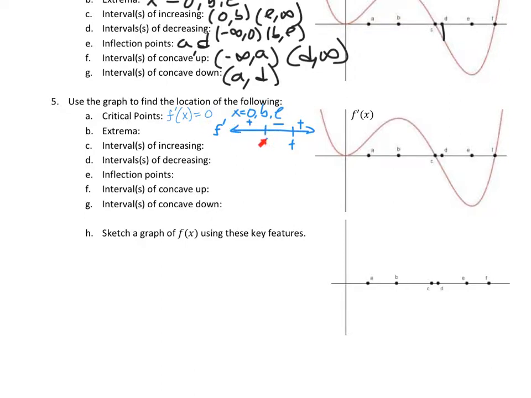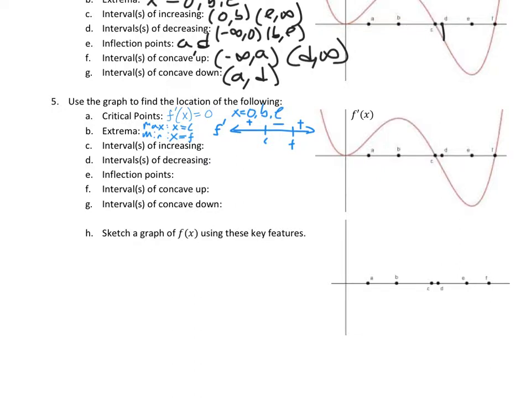Well, it's going up, we're increasing. The function f of x will be increasing to c and then decreasing after c. So c is going to be a max. Max at x equals c, and we have a minimum at x equals f. Point f, that is.